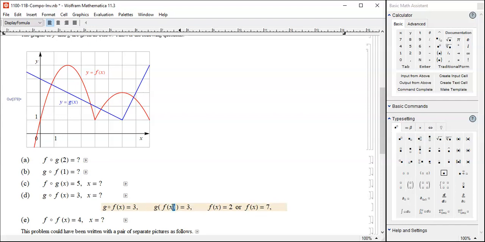It's a little bit tricky. G of something is equal to 3. So the y-coordinate of g is 3. Right here, and also right there. And the x-coordinate is actually inside. This inside f of x is either 2 or 7.